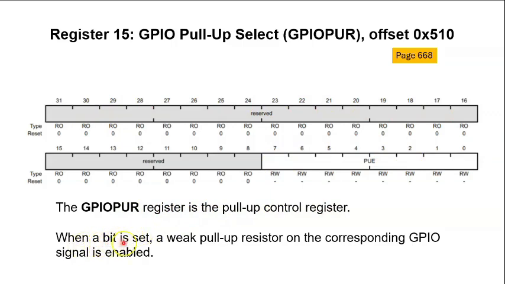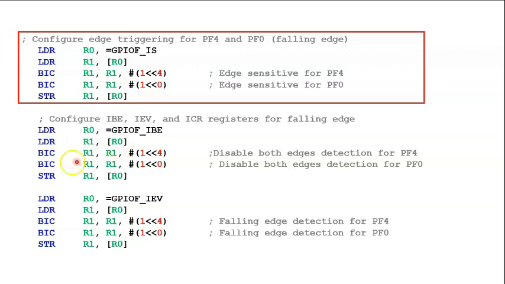When a bit is set, that means set to 1, a weak pull-up resistor on the corresponding GPIO signal is enabled.